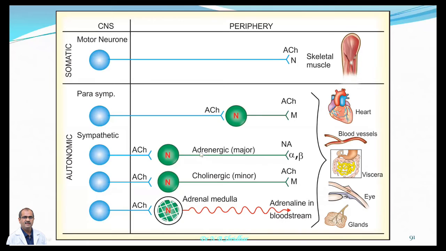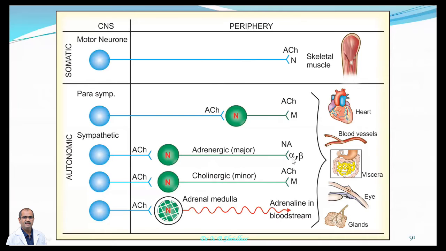The preganglionic fibers of the sympathetic divisions are short, and the adrenergic or postganglionic nerves are long, and the receptors are classified into alpha and beta. So all these organs have either alpha or beta type receptors.